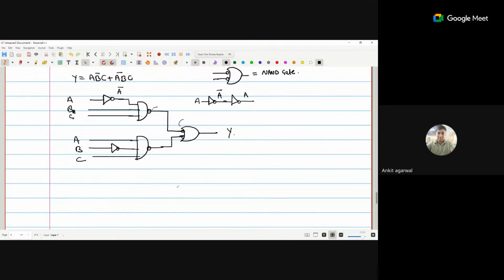Yes, sir. Now this one is NAND gate, NAND gate, NAND gate, and this is a NOT. So I just use NAND and so how many gates? 5 NAND gate is required.